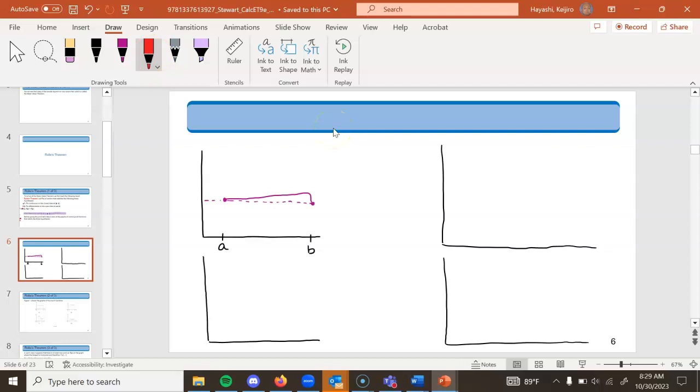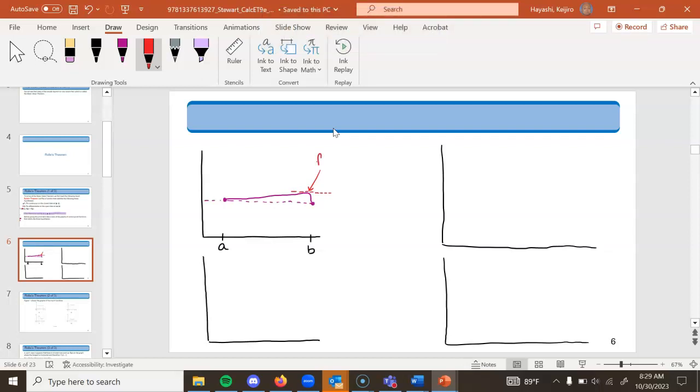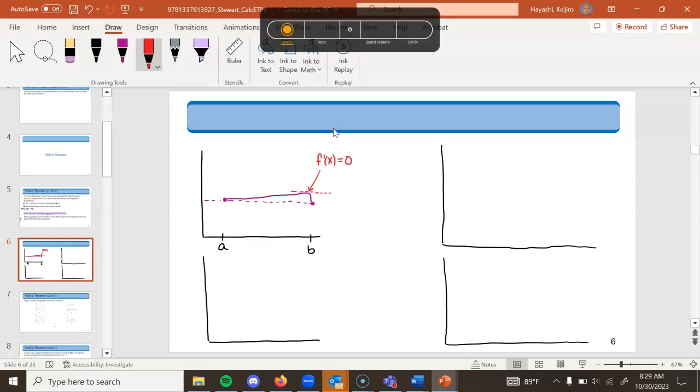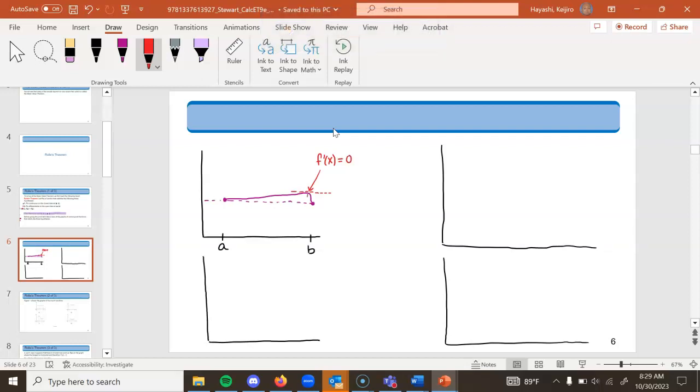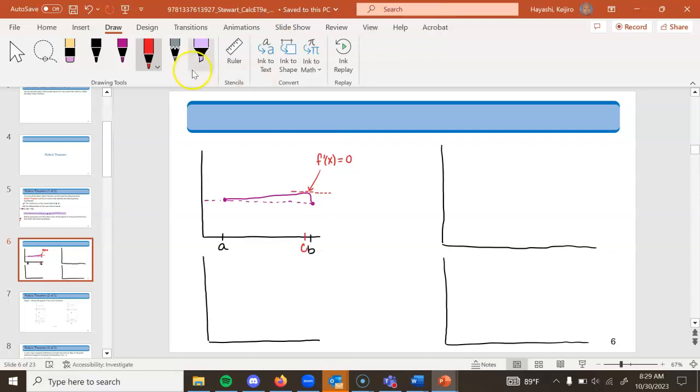And for this graph, that's right about here. So here f prime of x is equal to 0. And whatever value that occurs at, we can call that C. So I guess really this should say f prime of C equals 0.